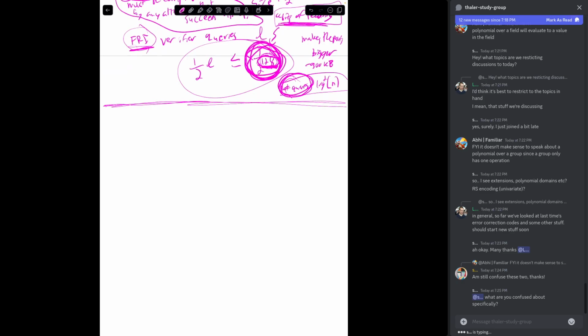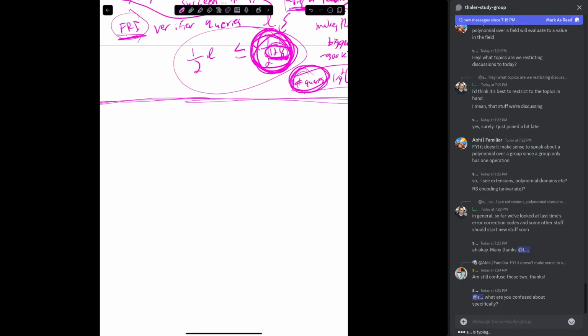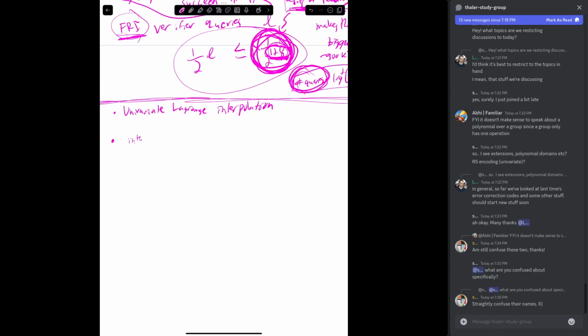Okay, so moving on to what I want to cover today. One thing is univariate Lagrange interpolation, I'll tell you what that is in a second. And then I want to formally define interactive proofs and arguments. I think that's it for today.